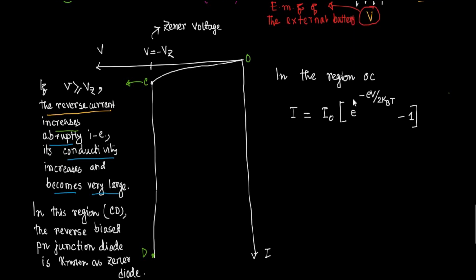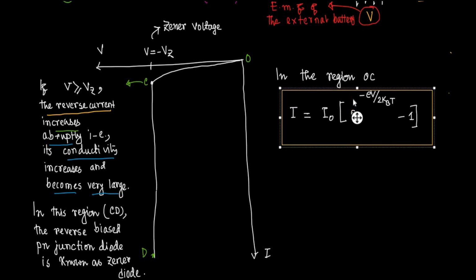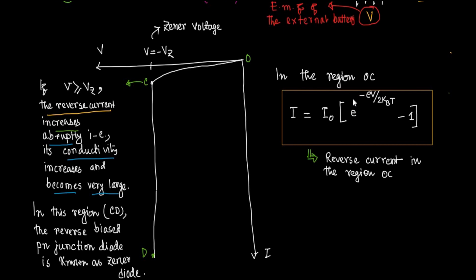This is the expression of reverse current of the PN junction diode. In the region OC, the diode offers high resistance against the reverse current.